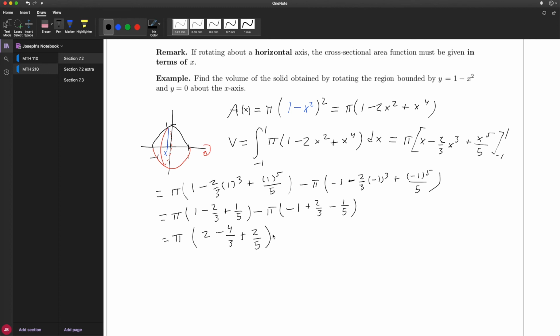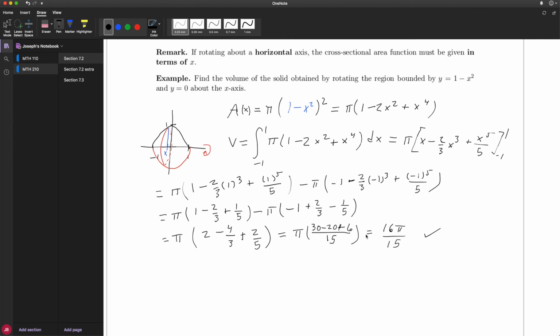Okay, and so if we find a common denominator, we get pi with a denominator of 15. 2 is 30 over 15. We need to multiply this one by 5, so we get minus 20 over 15. And this one becomes plus 6 over 15. And you do the math here, and you get 16 pi over 15, which, if I recall from class, is exactly what we got in our notes.